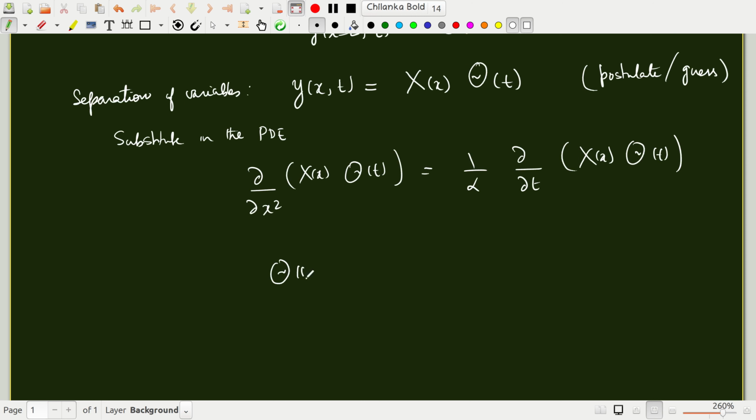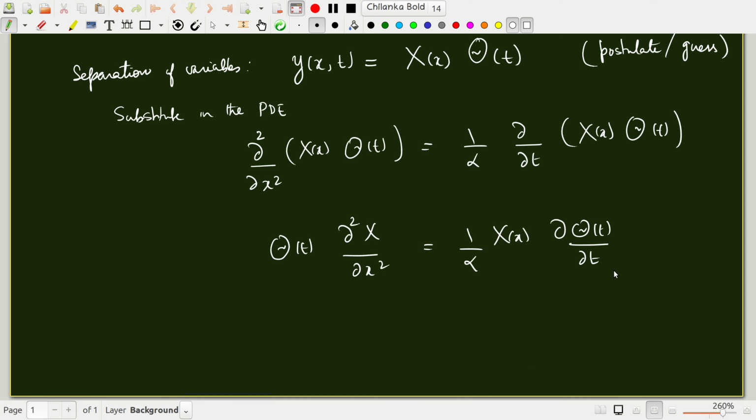So this is Theta of t times partial squared X by partial x squared is 1 over alpha. Likewise here X is a function only of space, so I can write this as X times partial Theta by partial t.